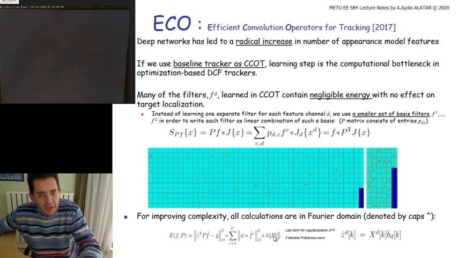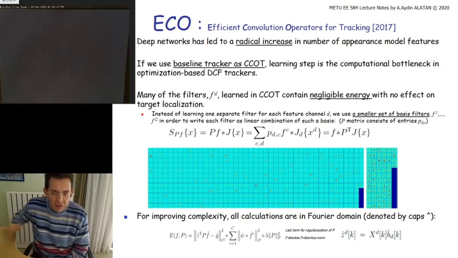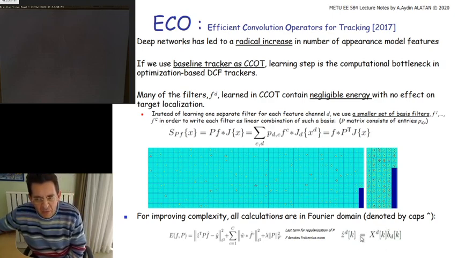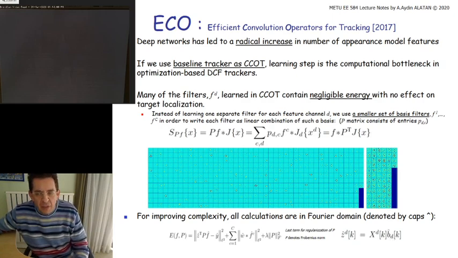And the final term here is a regularization saying that the P coefficients' energy should be low. Okay, it should not be too much. There shouldn't be too many P values. We are trying to obtain as small as possible P values, just like in the sparse coding concept. We are trying to use a small number of basis vectors to achieve this goal. Z hat, as I have said before, is nothing but our previous individual layers multiplied with the Fourier series coefficients of the interpolating bicubic spline.